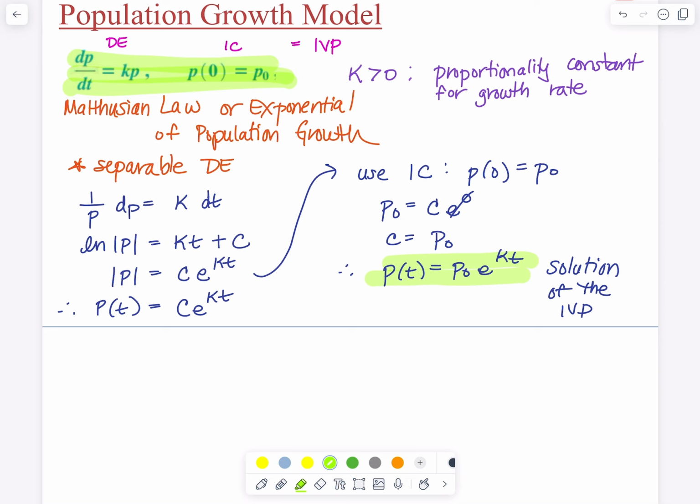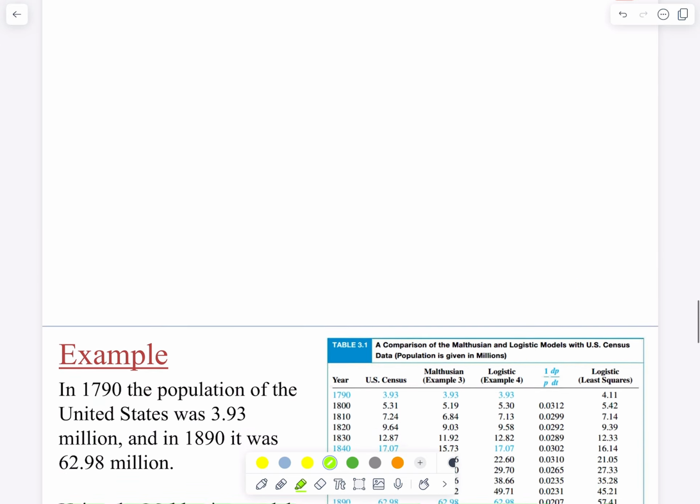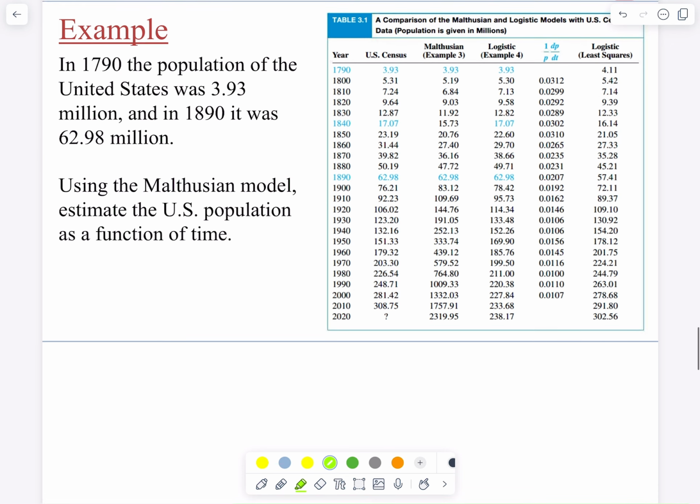Okay, so let's take a look at an example of population growth. In 1790, the population of the United States was 3.93 million, and in 1890, it was 62.98 million.